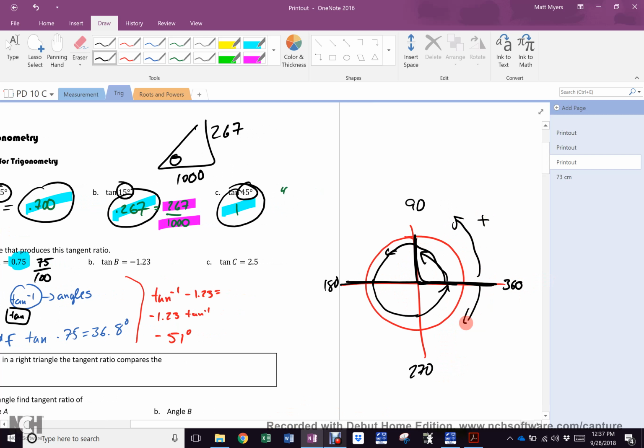Now, if we turn this way, our angles are positive. If we turn this way, they're negative. So where would negative 51 be? Down this way, yes? What is 360 minus 51? I love that everybody went to their calculator for that. 309. Now, ladies and gentlemen, on your calculator, do tan 309.